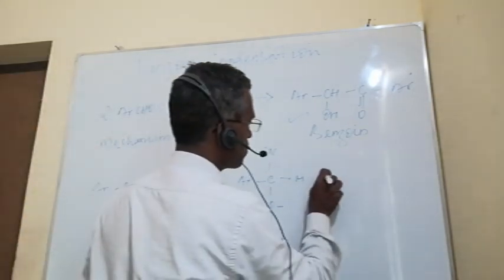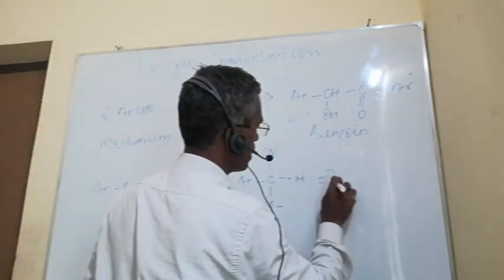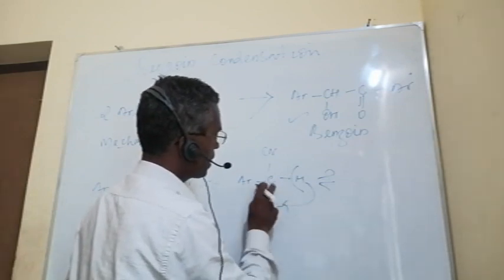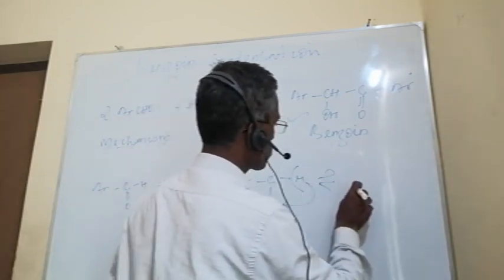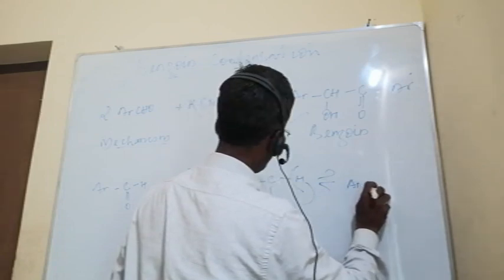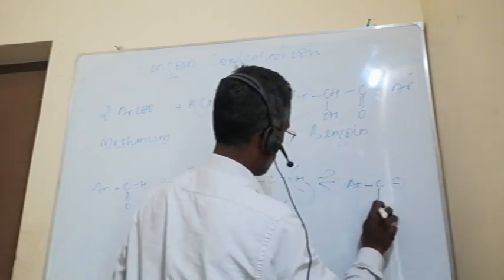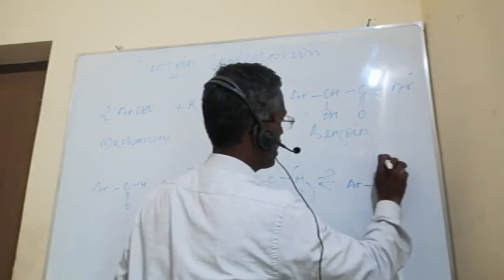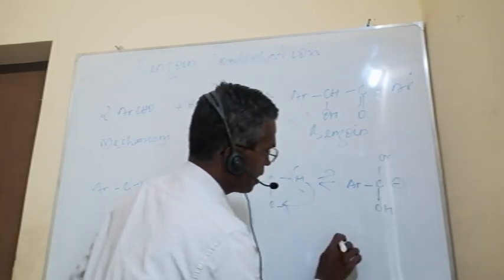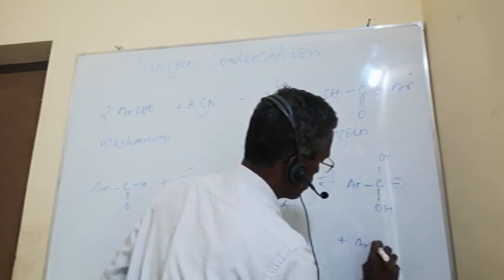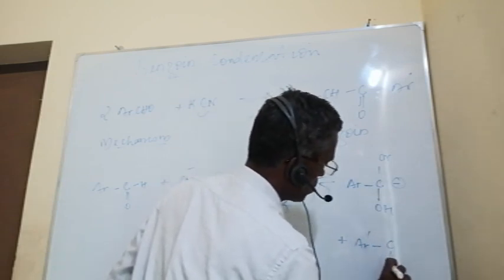In the next step, another equilibrium, this particular proton moves here, converting this carbon into C minus, Ar, C minus, OH, CN. This takes place. And this involves the next step, like this.